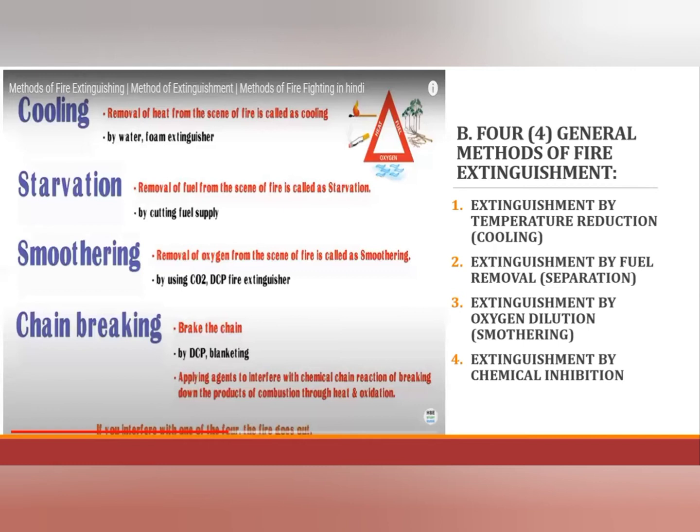You can do this by using a blanket that will disallow penetration of oxygen, or by applying agents to interfere with the chemical chain reaction of breaking down the products of combustion through heat and oxidation. You can make use of some extinguishing agents like dry chemical inhalant, which interrupt the production of flame, resulting in rapid extinguishment of fire.